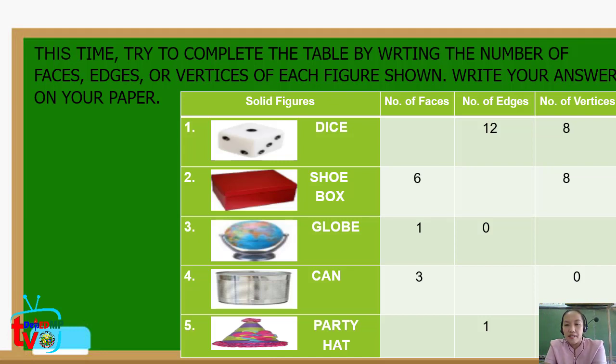Blank faces, 12 edges, and 8 vertices. Number 2 is a shoebox. It has 6 faces, blank edges, and 8 vertices.